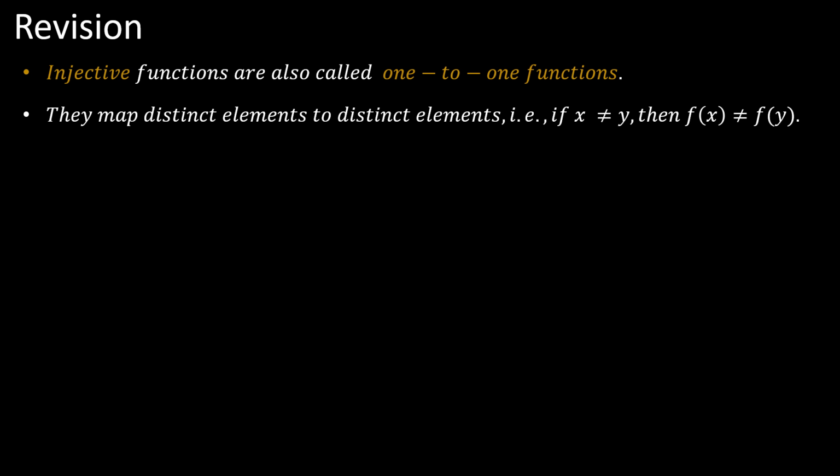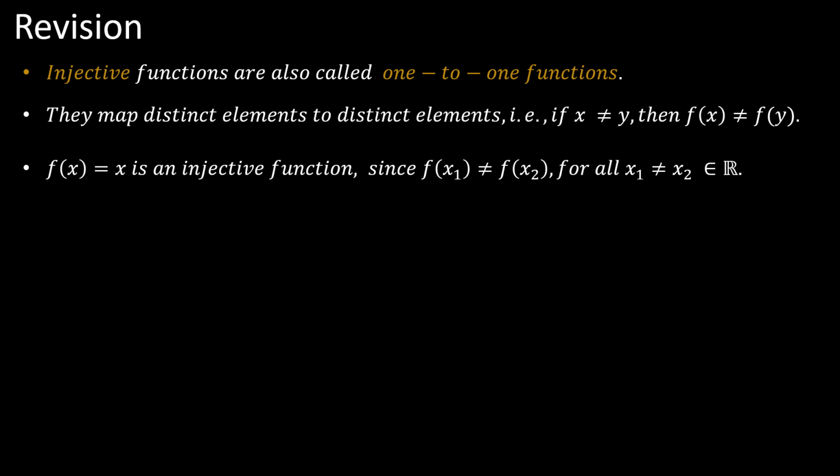So an injective function means there's just an arrow that points from input to output, and the arrows don't cross each other, or two arrows don't lead into one arrow in the image space. There's one to one. An example is f(x) equals x, an injective function, since if you have two real numbers, x1 and x2, that are not equal, then definitely f(x1) and f(x2) will never be equal.